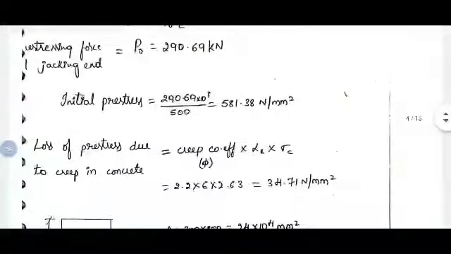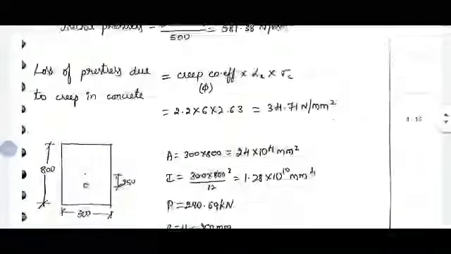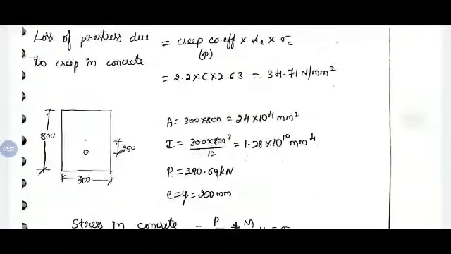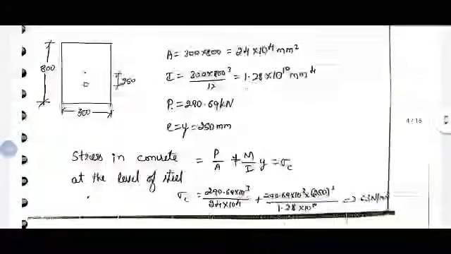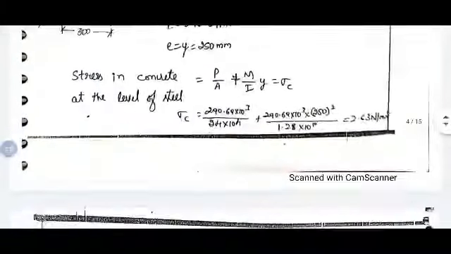Next, loss due to creep in concrete. Here the creep coefficient is given, so we need to go with the creep coefficient method only. Then to calculate we also need stress in concrete, so sigma c.